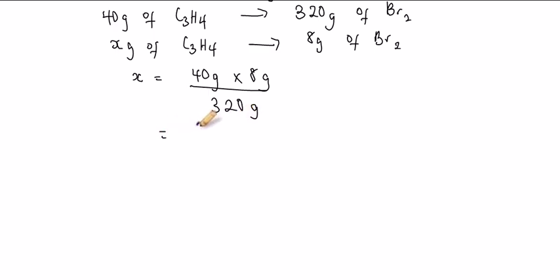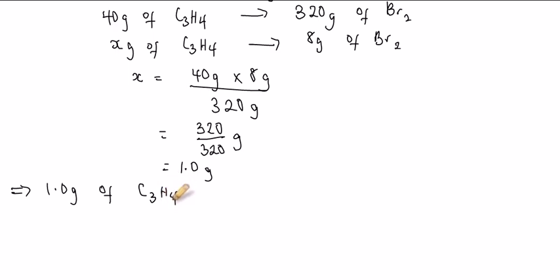Calculating this, we have 320 over 320 grams, which is equivalent to 1.0 grams. This implies that 1.0 grams of C3H4, methylacetylene, will be required.